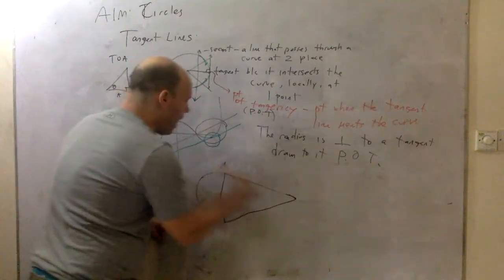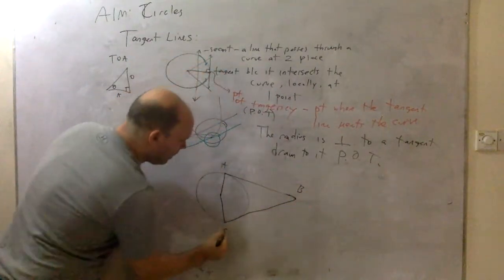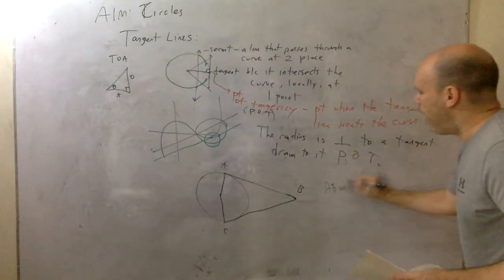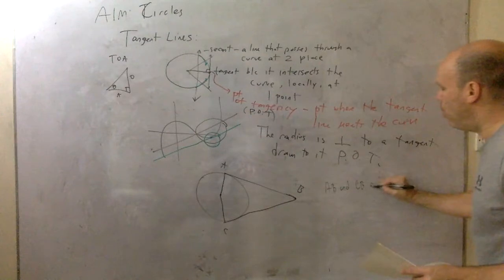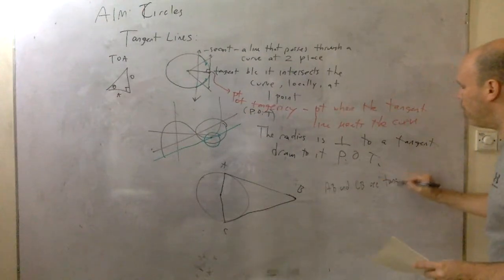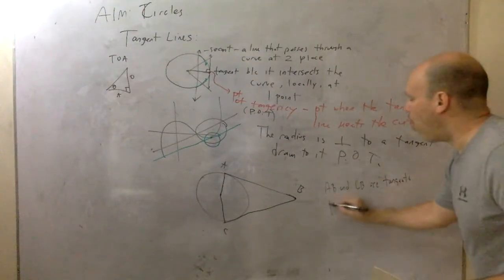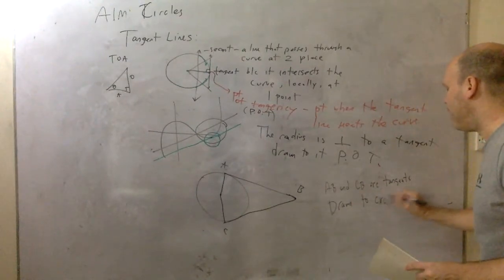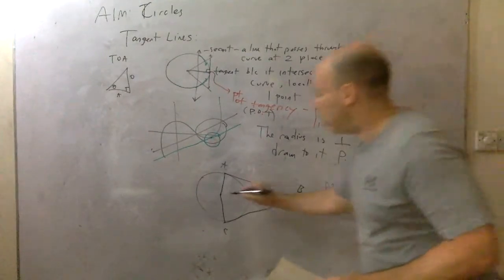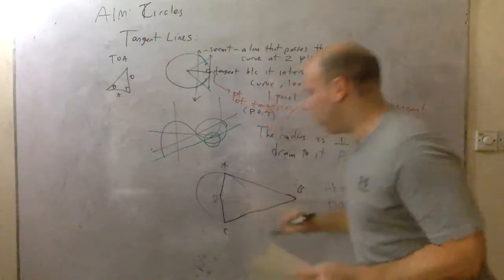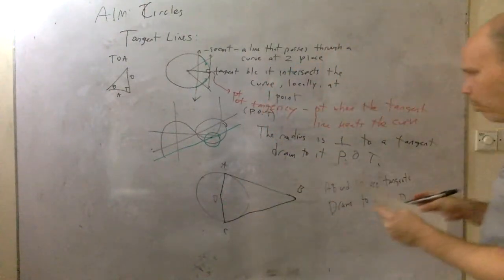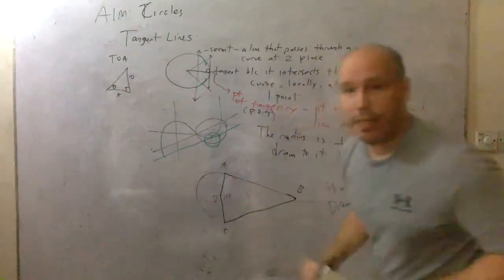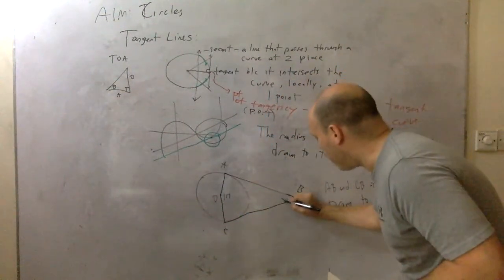AB and CB are tangents drawn to circle D. And if this angle ADC is 117 degrees, find the measurement of x.